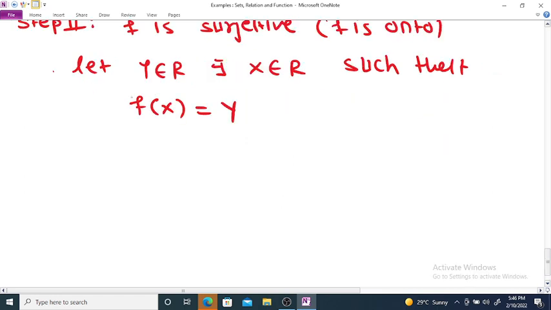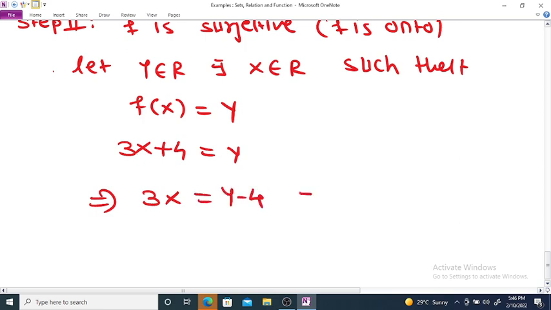So here f of x is equal to what? Thrice x plus 4 is equal to y. So this implies we want to solve this equation in terms of x. So thrice x is equal to y minus 4. This implies x is equal to (y minus 4) divided by 3.